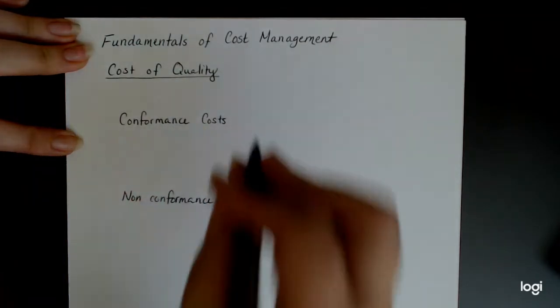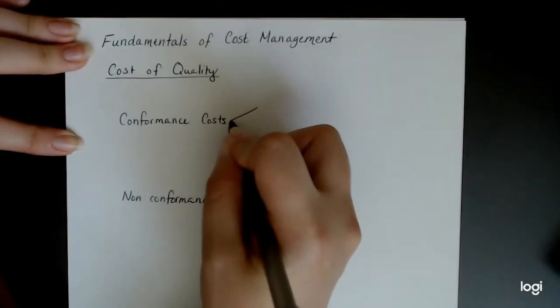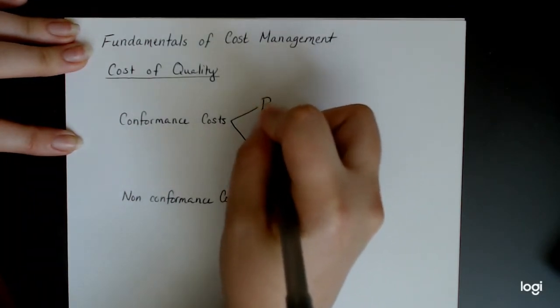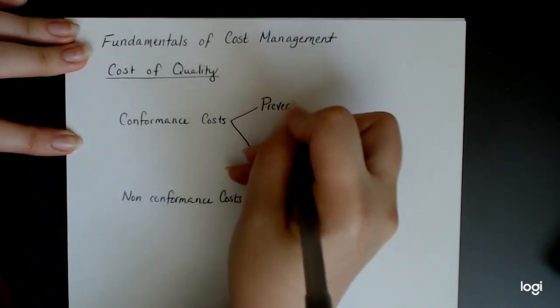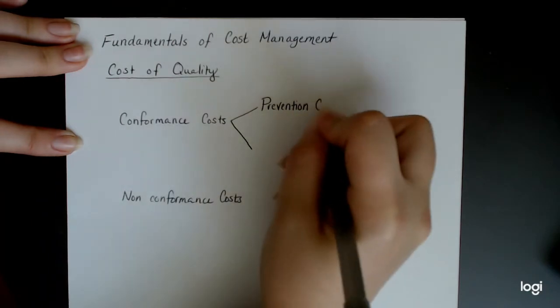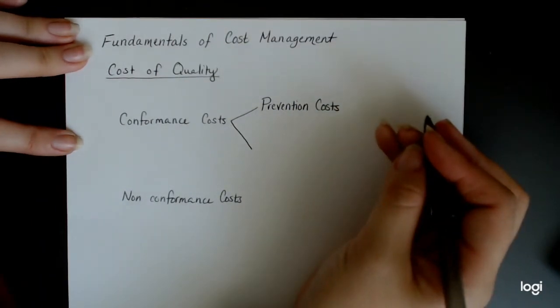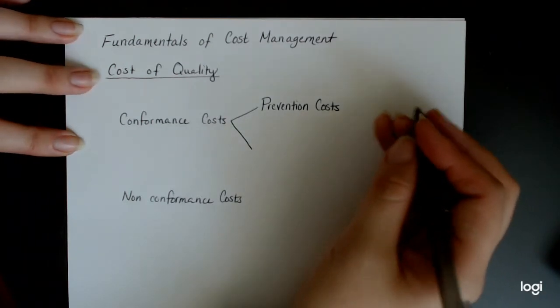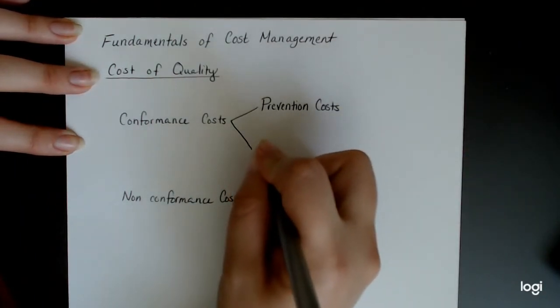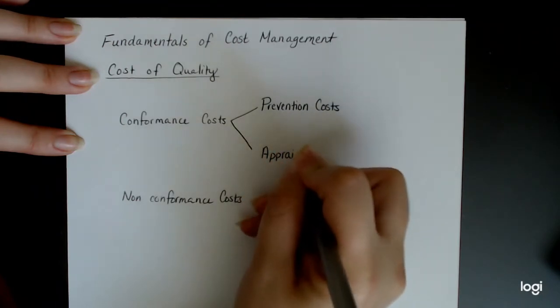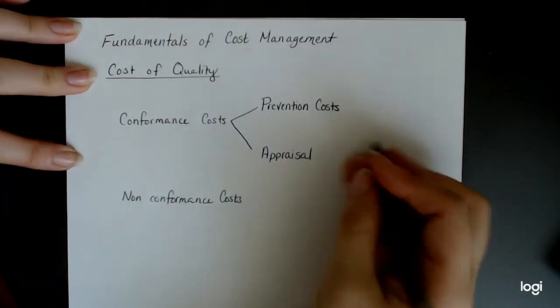So we usually categorize these into two broad categories. One is prevention costs. And the other one is our appraisal costs. Sometimes we will hear these called detection costs.